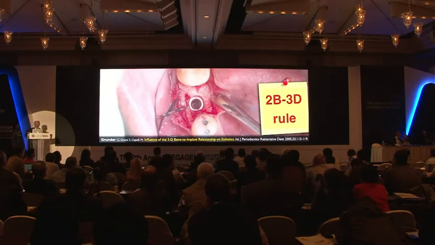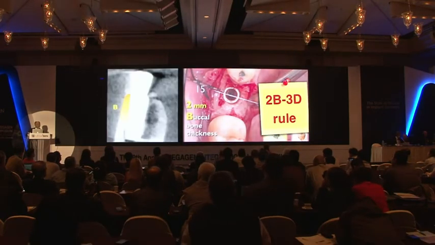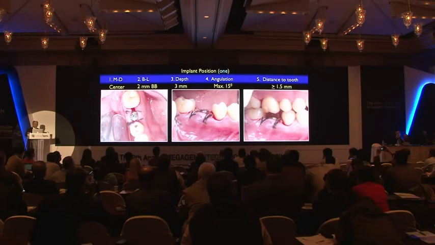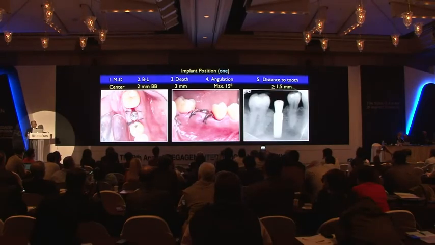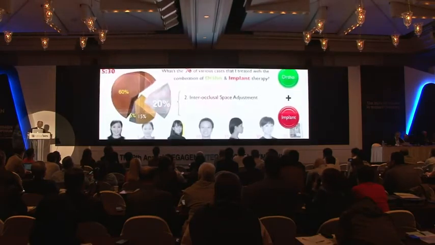So the 2B 3D rule is the rule we use in our clinic for every single case if we want a good prosthesis design. So 2 millimeter buccal bone thickness, and with that we'll be able to position this dental implant.